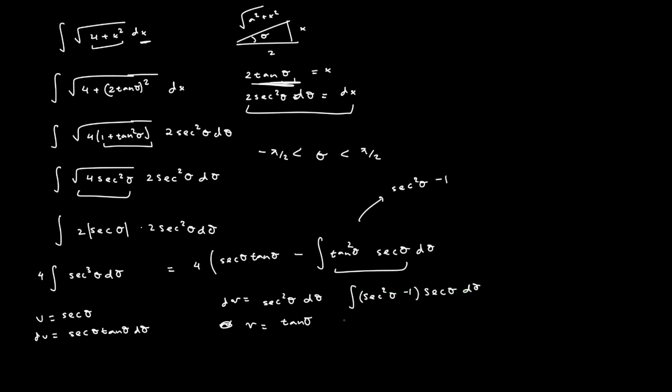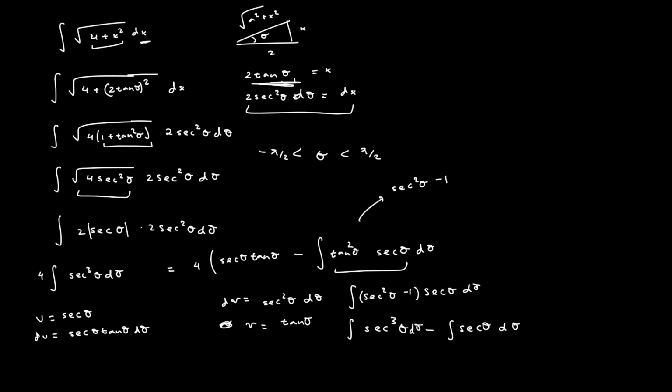Now we end up with secant cubed theta, which is what we originally tried to find the integral of, minus the integral of secant theta d theta.